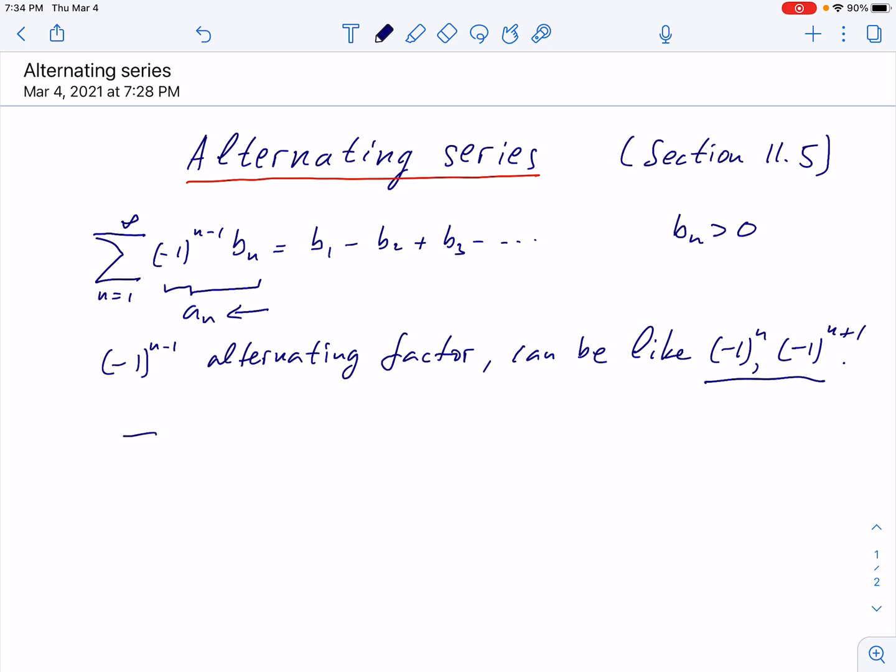Remember the harmonic series, which we studied before, this one here, 1 plus 1/2 plus 1/3 plus so on. This harmonic series is divergent.